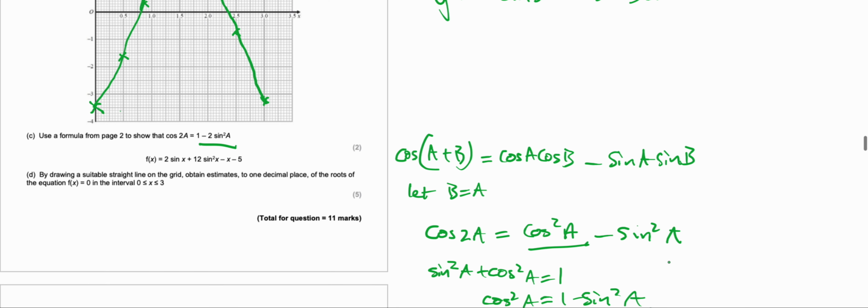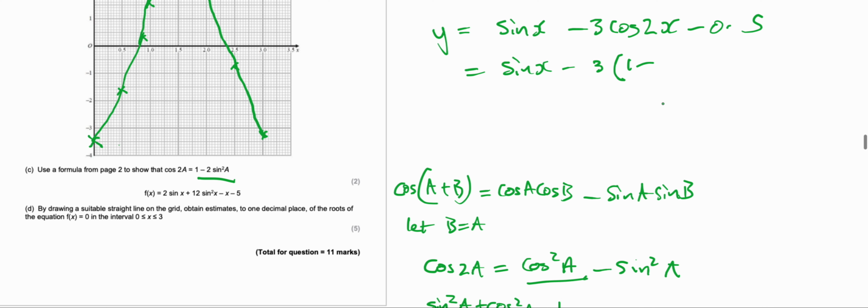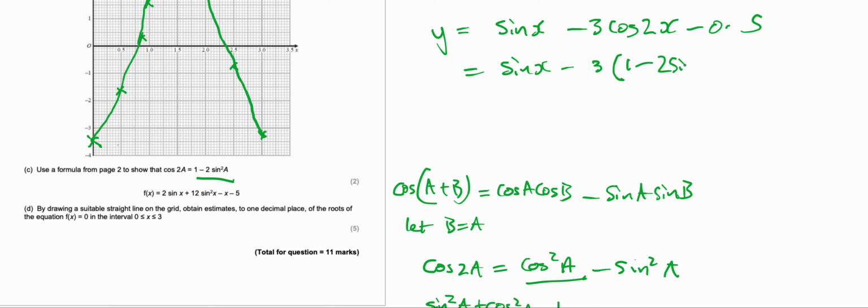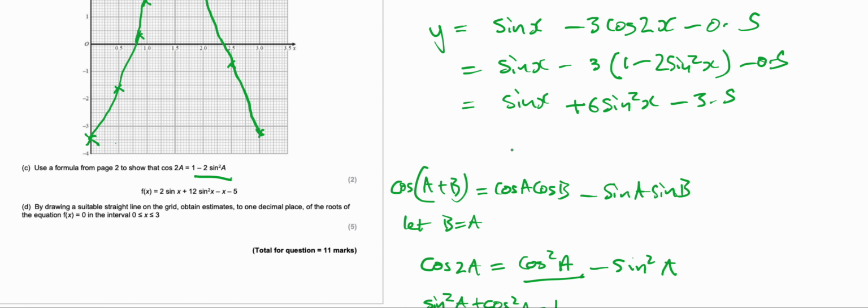Now, we know that cos 2x is 1 minus 2 sine squared, so we're going to insert that in. Equals sine x minus 3 times 1 minus 2 sine squared. And multiplying that out will give you sine x plus 6 sine squared x minus 3.5.